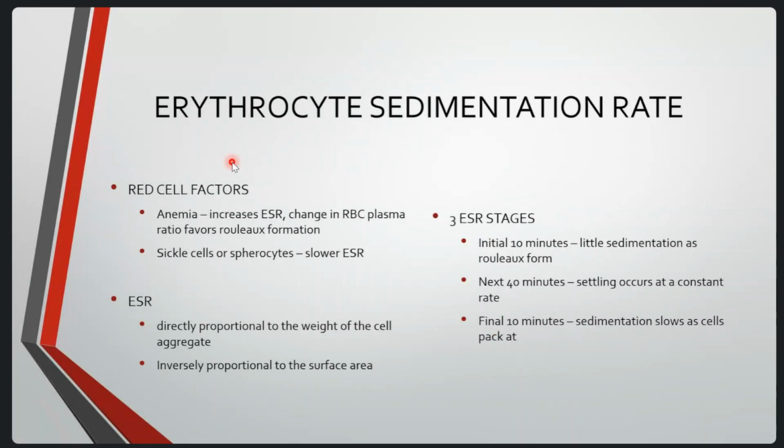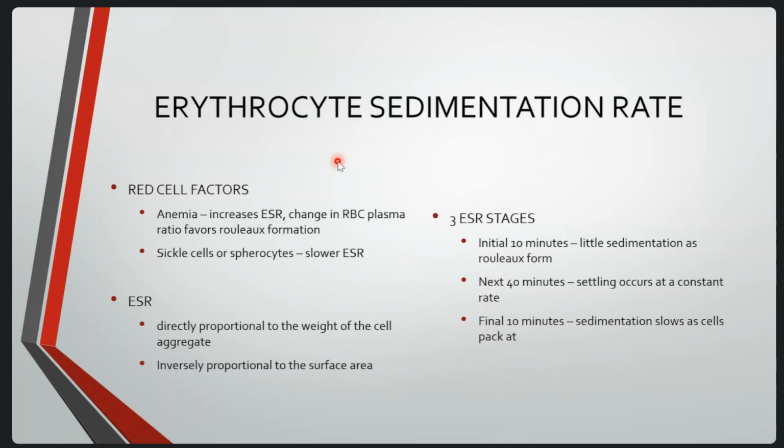For red cell factors, anemia will have an increased or accelerated ESR because of the change in the RBC plasma ratio that favors rouleaux formation. But for sickle cells or spherocytes, because they have abnormal structures, this will give you a low ESR result. So the ESR is directly proportional to the weight of the cell aggregate, but inversely proportional to its surface area.